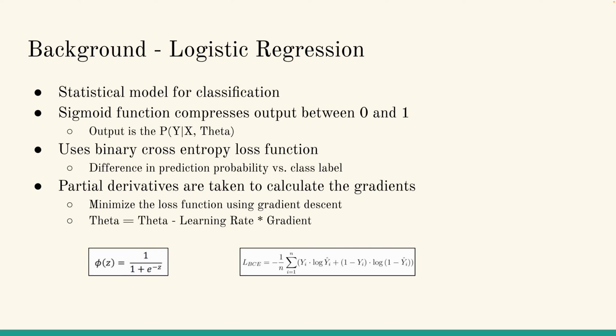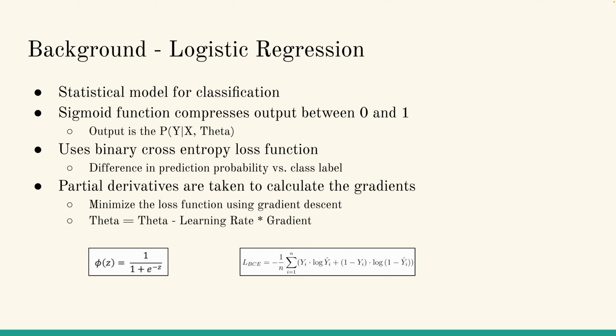And this function has the nice property that it compresses the outputs between 0 and 1. And what this does is it gives us a nice probabilistic interpretation of the output. That representation is the probability of y, with y being our class label, given x, which is our input vector, and theta, the learned parameters.